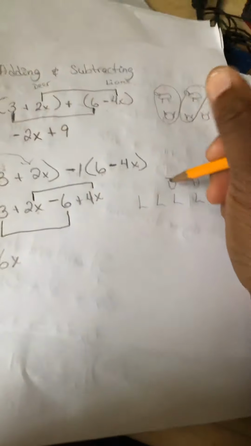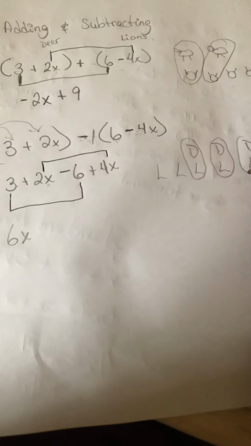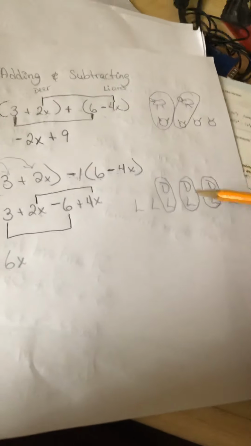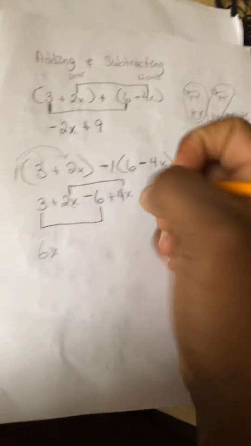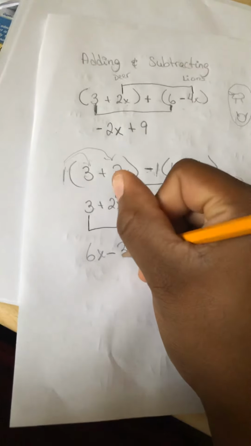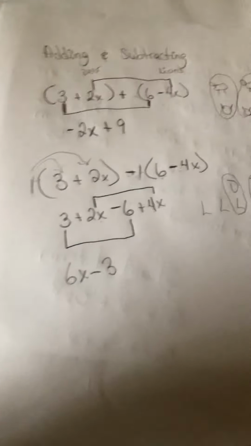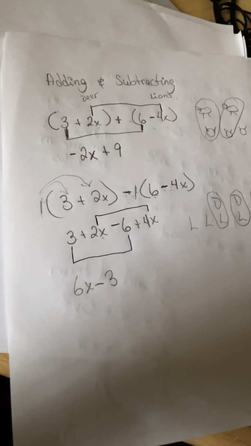Same thing: the lions are going to eat the deers that are there. How many lions or deers are left? The lions ate all the deers, and so there are 1, 2, 3 hungry lions. So that means I have -3, and that is my answer. Okay, so I hope this helps with this part of the paper.